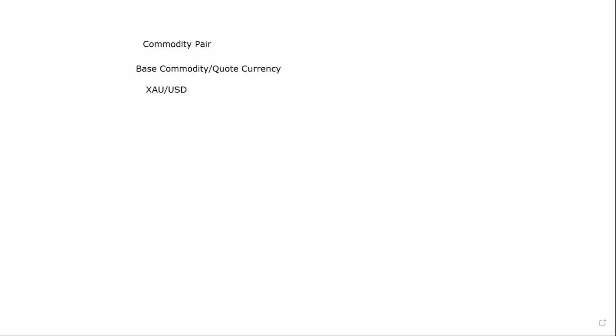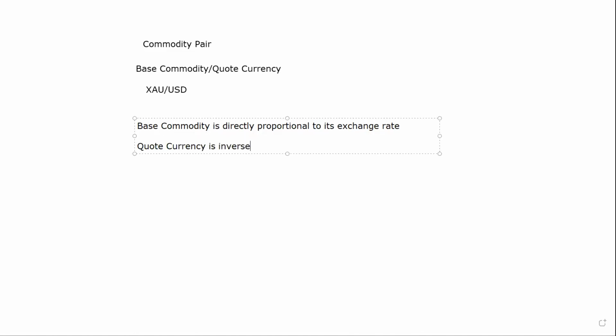We know that the base commodity is directly proportional to its exchange rate, and the quote currency is inversely proportional to its exchange rate. Let me give an example here.